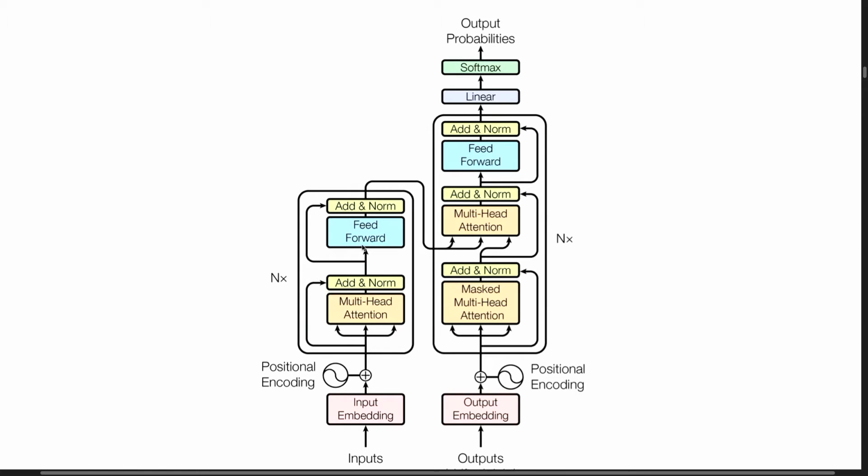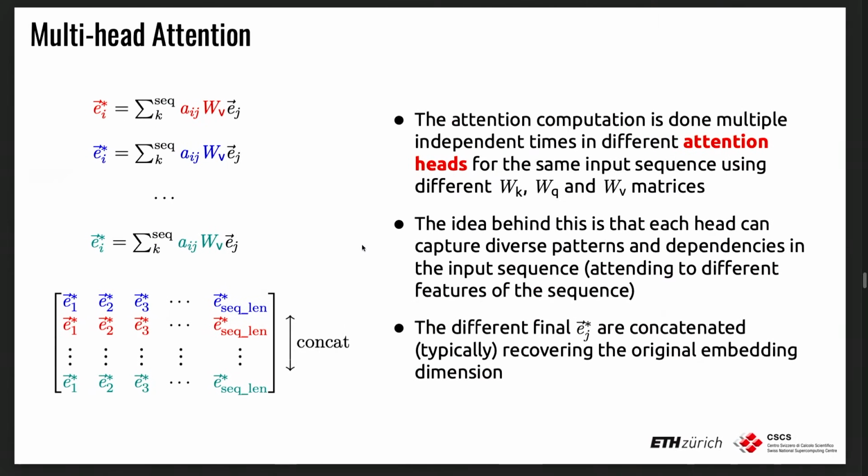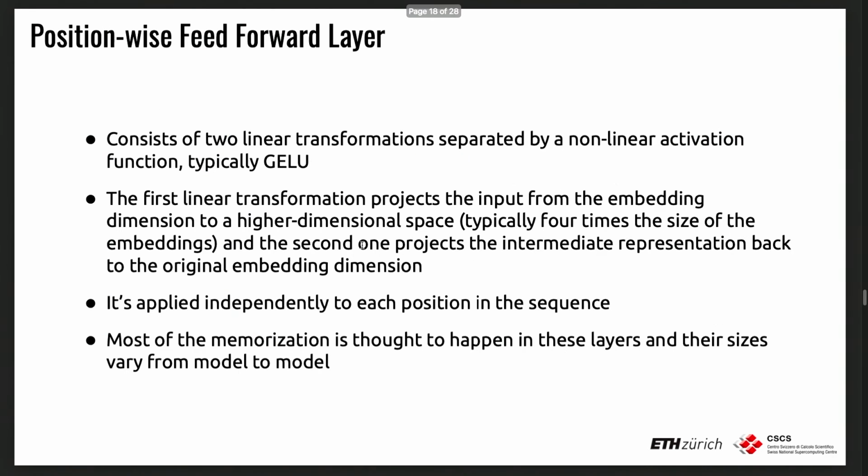And the feed-forward network is what you know from the other day, a multi-layer perceptron, and in general it is designed as two layers. It is a layer that is going to increase the dimension of the input.